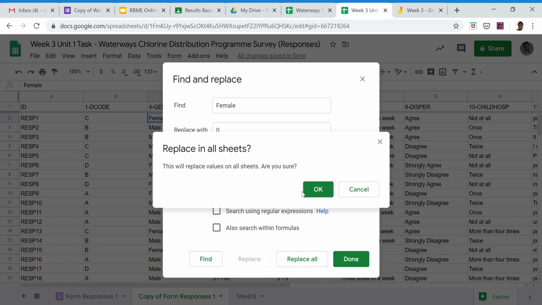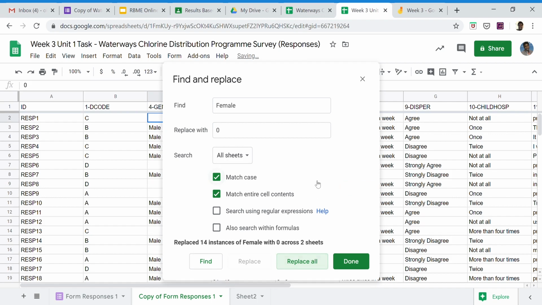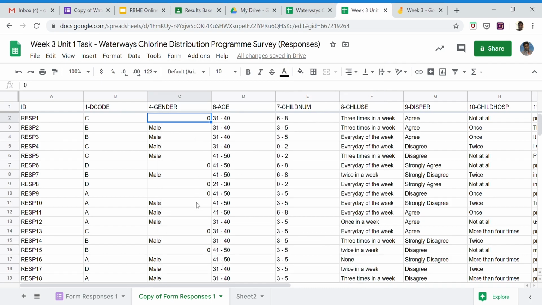Replace. On all sheets, let me see, did they say on all sheets? Yeah, just replace all, just for the purpose. Yeah, so you can see all this has been turned to 0, 0, 0, 0.